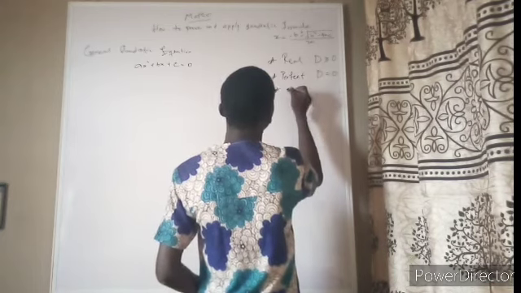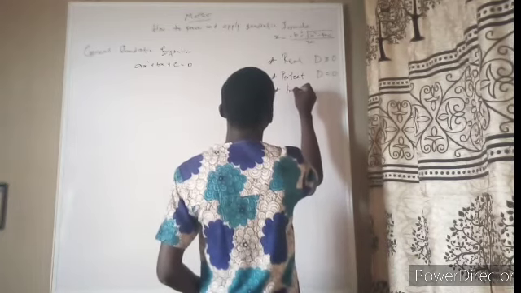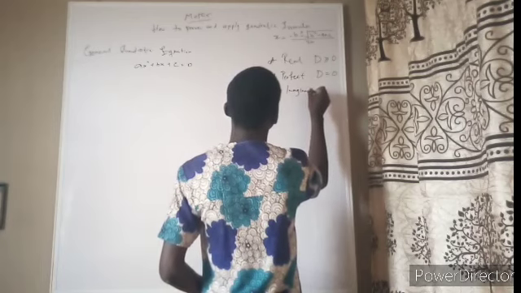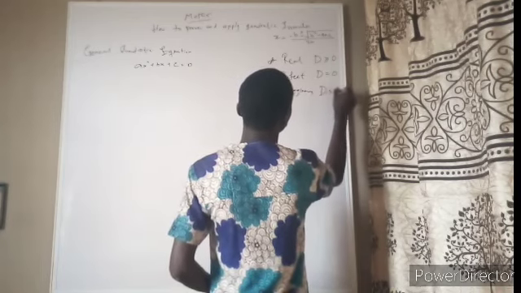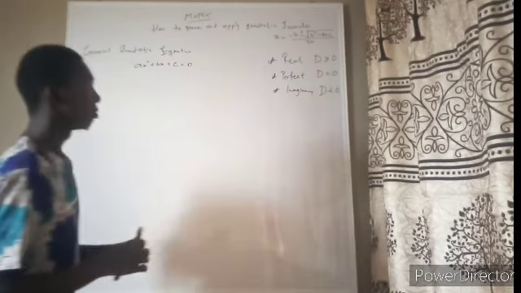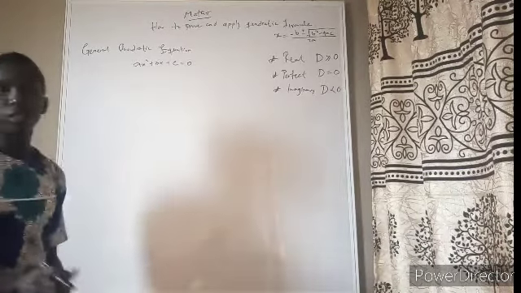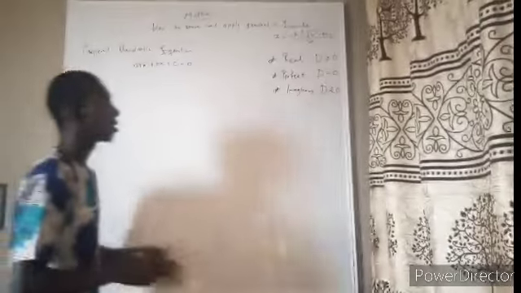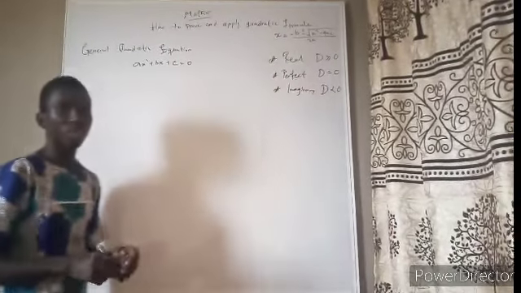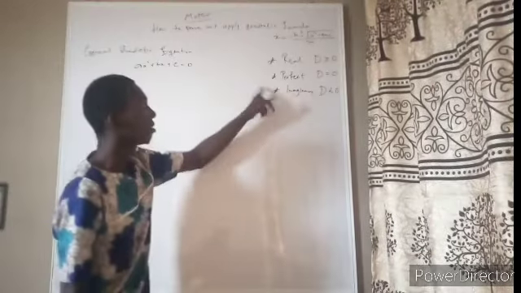The last one is the imaginary root, which is when my determinant is less than 0. For this class we'll be dealing with the first two. If next class we can come up with this, then you can check out the reason why we have perfect and imaginary roots.